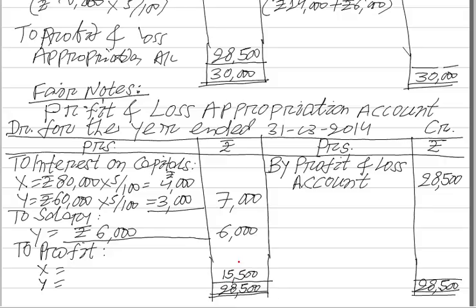That is to be distributed in the ratio of 3:2. Rupees 15,500 into 3 by 5 for X, and for Y into 2 by 5. That is for X 9,300, and for Y 6,200, that is 15,500.